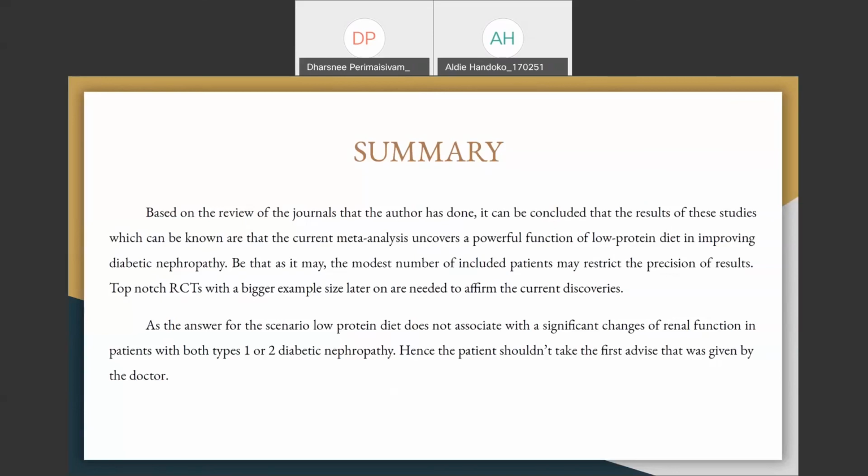That does not associate with kidney function in patients with either type 1 or 2 diabetic nephropathy. Hence, the patient shouldn't take the first advice that was given by the doctor.